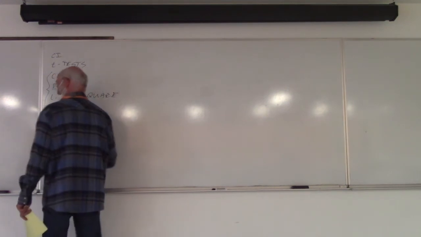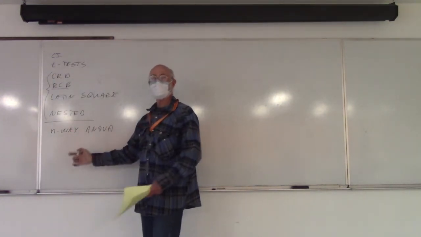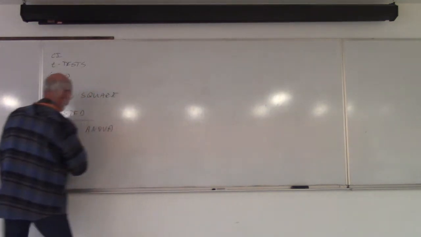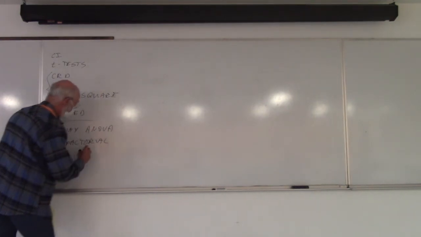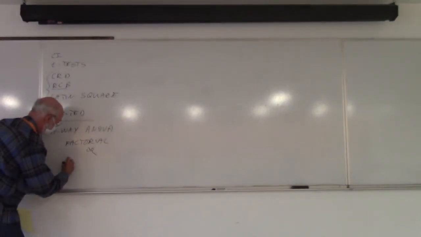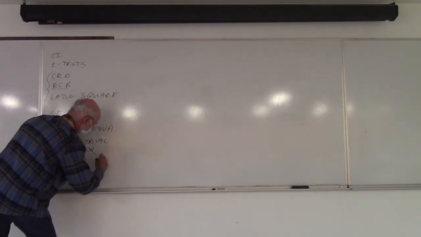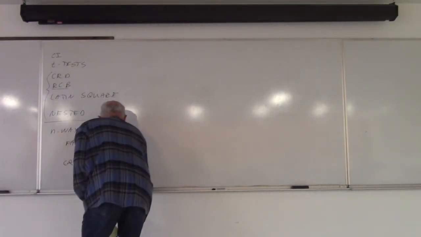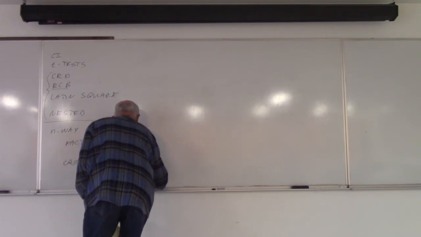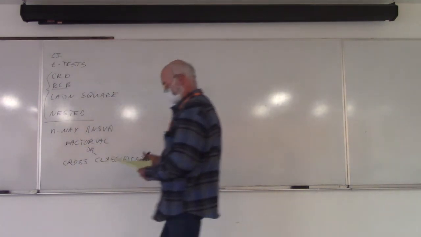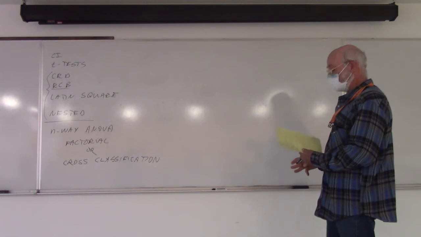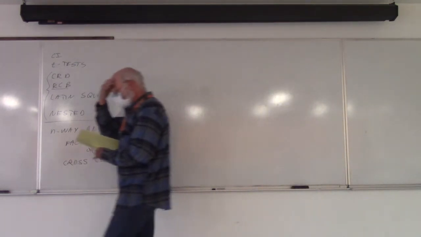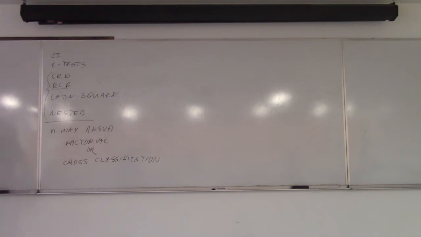The common phrase we use for n-way ANOVAs, two-way, three-way, four-way ANOVA, is either factorial designs or cross-classification designs. What we want to do now is study two or more treatments at the same time.